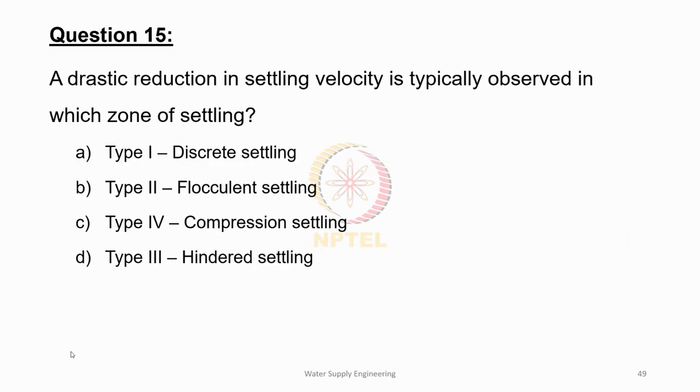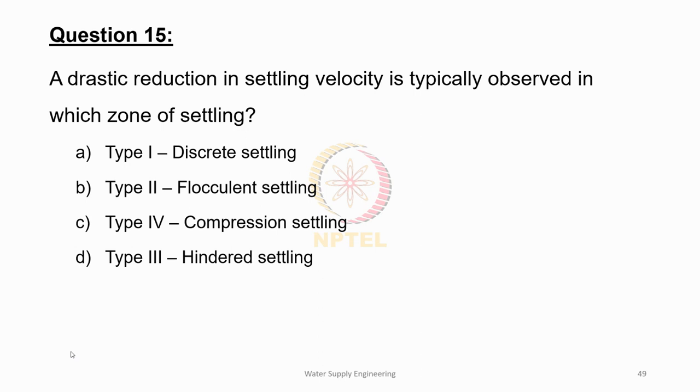Moving on to the next question, question number 15. A drastic reduction in settling velocity is typically observed in which zone of settling? Option A, type 1 discrete settling. Option B, type 2 flocculent settling.